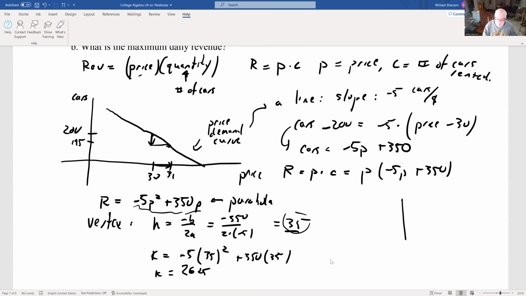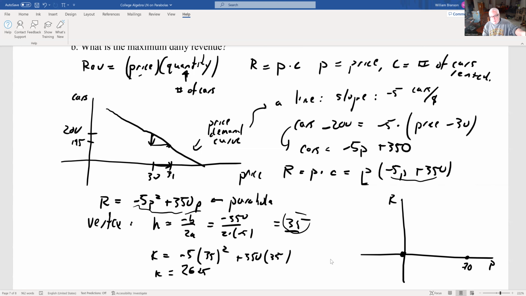So we think about what a revenue function looks like. It's got one root at 0. So this is price versus revenue. You get one root at 0, and then if you set this equal to 0 and solve, you get 70. So if you set the price to 0, you don't have any revenue because you're giving away all your cars.